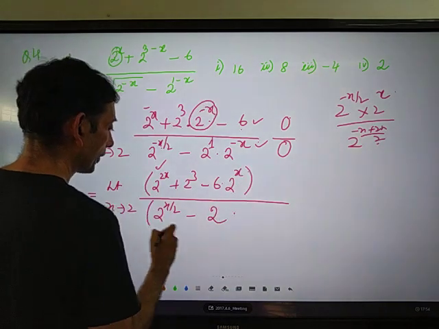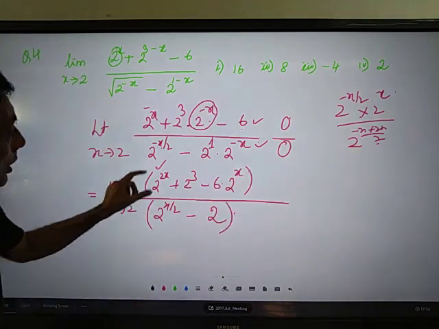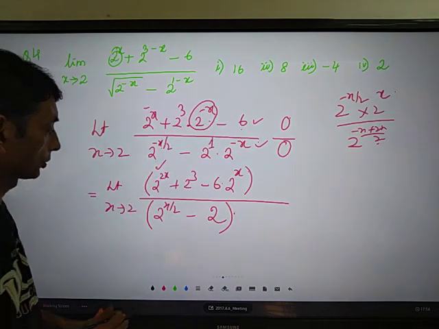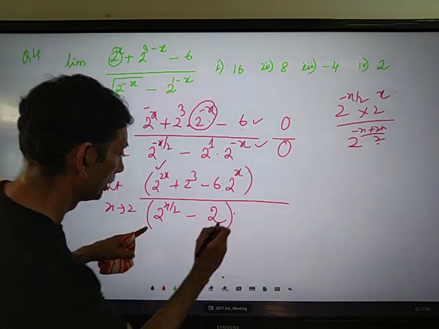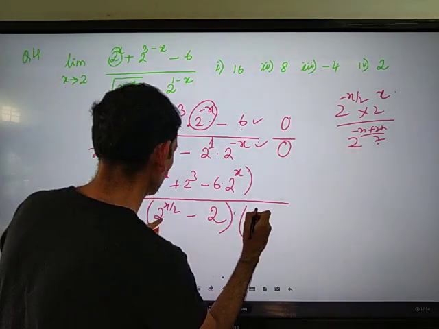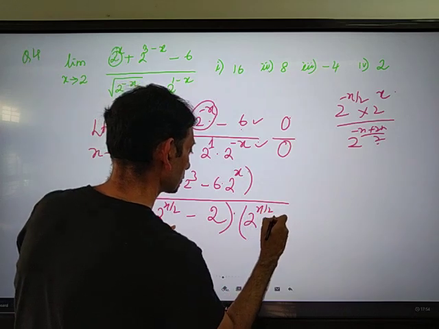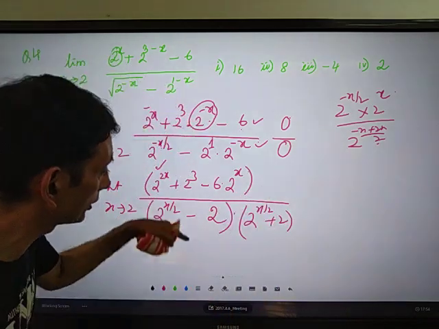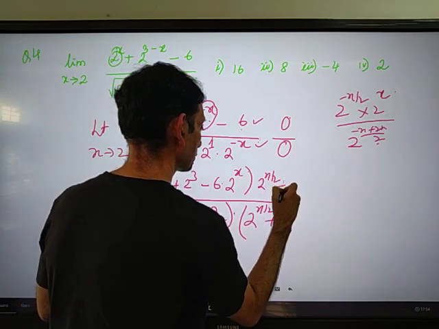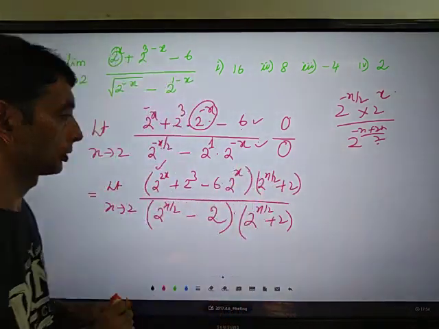So what you have done in this expression is divide both numerator and denominator by 2 to the power minus x. Now what I'm going to do is multiply both numerator and denominator by this expression 2 to the power x by 2 plus 2. We are going to multiply both numerator and denominator by this expression, 2 to the power x by 2 plus 2. Done? So what's the next step?